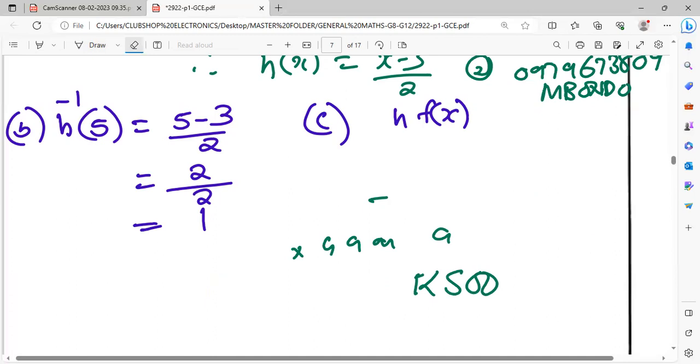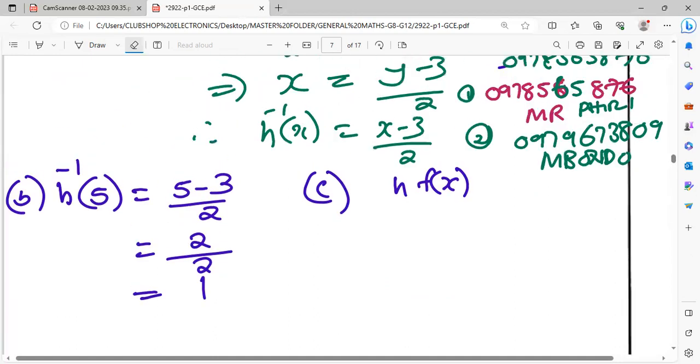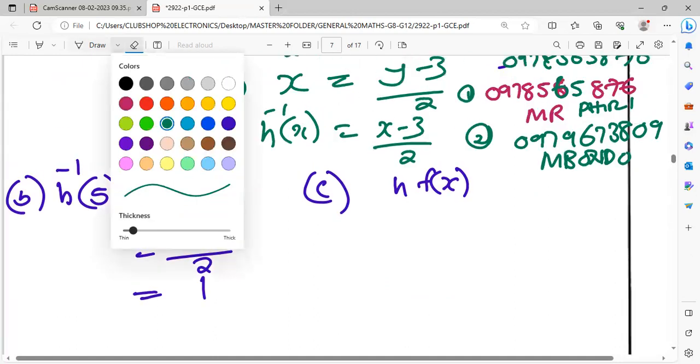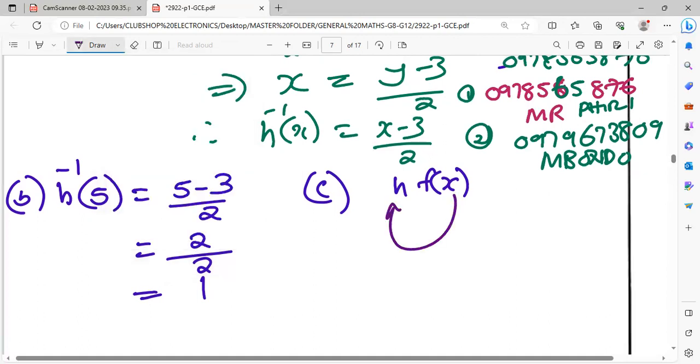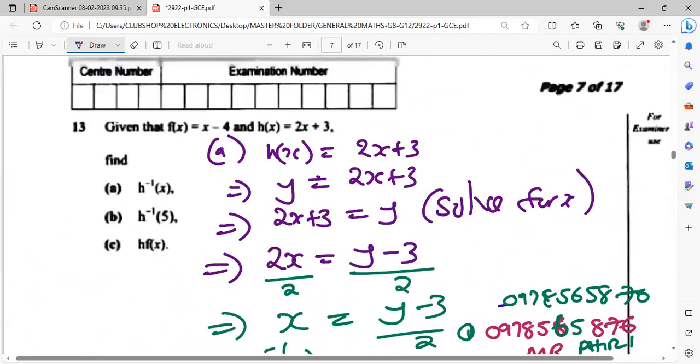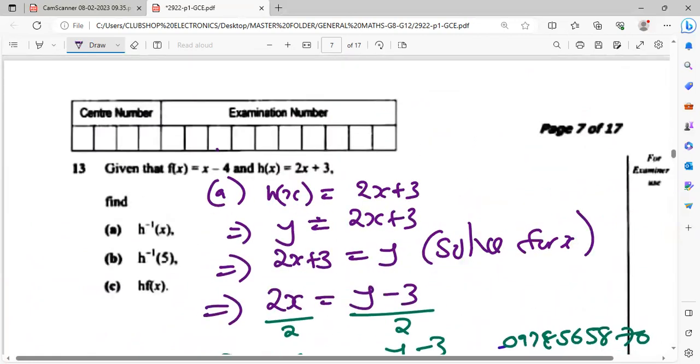All right, let's proceed. So we are saying to have the composite function, f will go into h. This is our f, it will go into h, it will settle here.